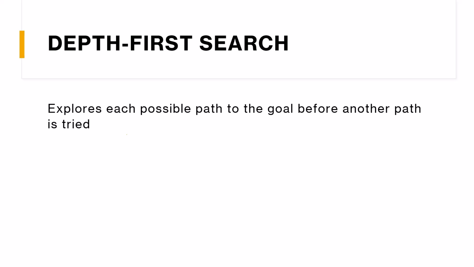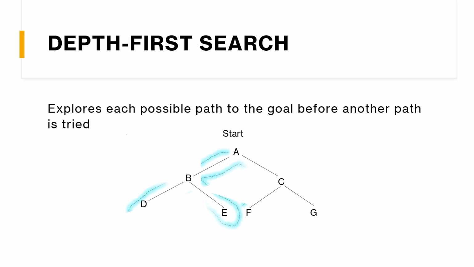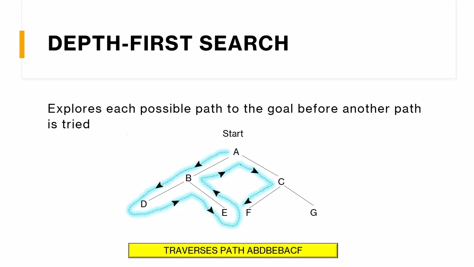So if we put the depth first search in terms of a tree now, with our starting point being A, for example, and our destination being F, then the path to F could be something like this, where we start at A, we go to B, B to D, back to B, then to E and back to B, and then to A, to C, to F. So in effect, this is the path AB, DB, EB, ACF.